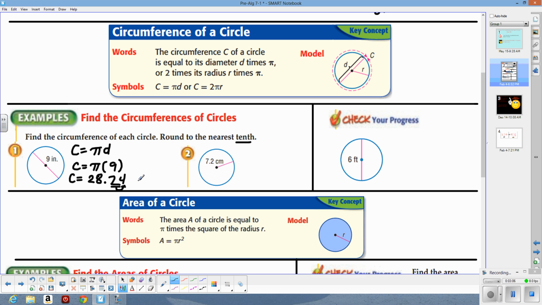And if it's 5 or above, you give it a shove. 4 and below, you let it go. So this is going to be 28.2 inches.